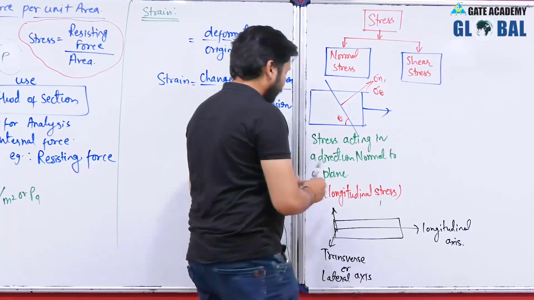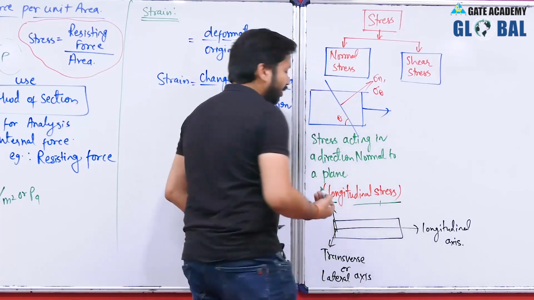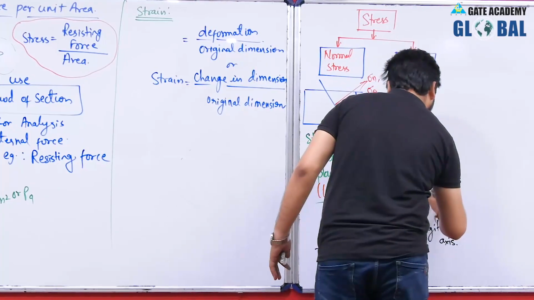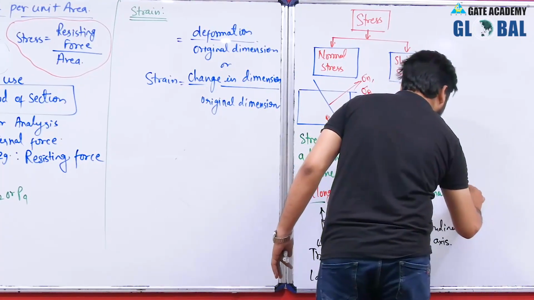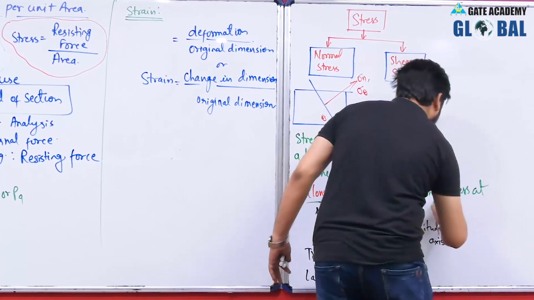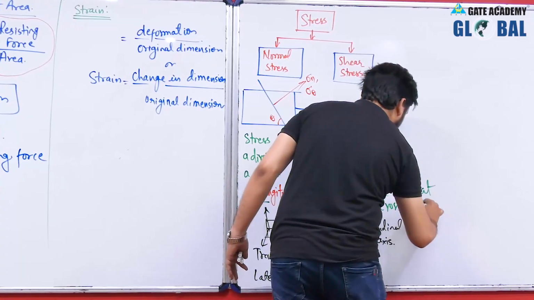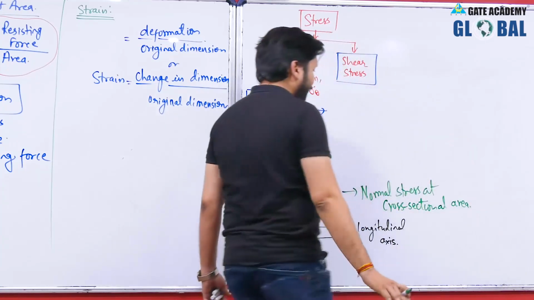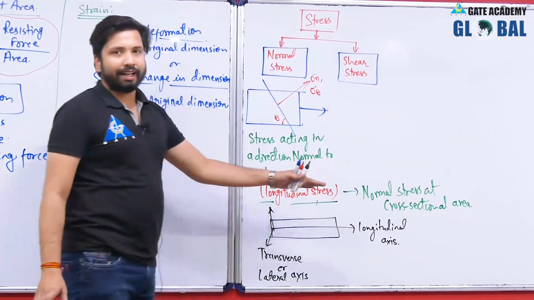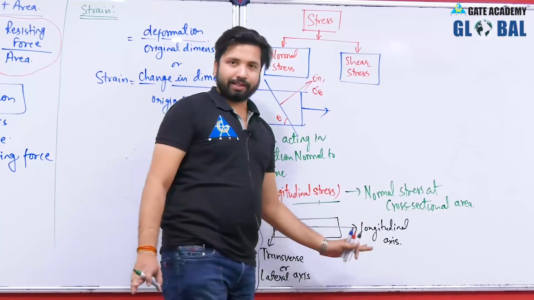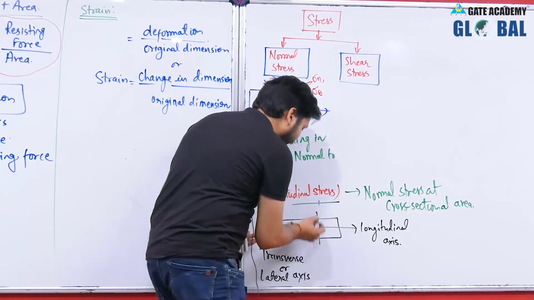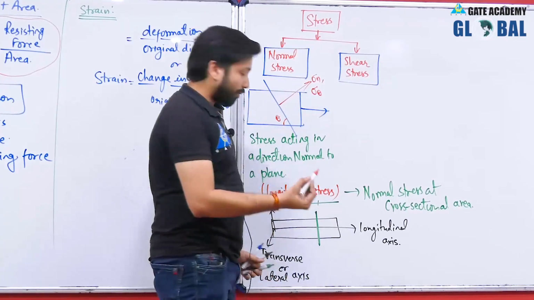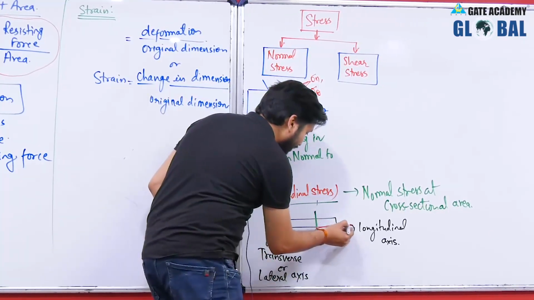So, the longitudinal stress is nothing but a normal stress at the cross sectional area. Okay. So, the normal stress will be acting along the longitudinal axis basically, because it is normal to the cross section, this will be the cross section, and it is acting perpendicular to the cross section, that is normal to the cross section, hence it will be acting along the longitudinal axis.